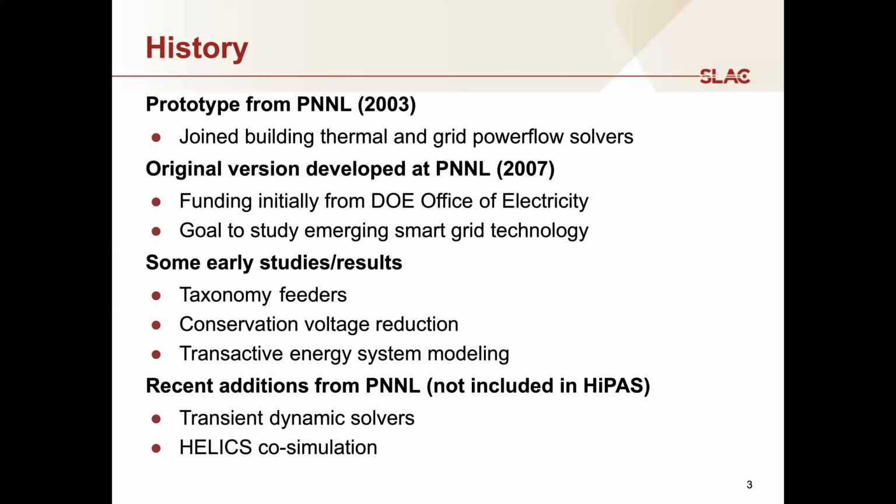And these feeders became a very important part of the work that was done subsequently, because they're used to extrapolate information that you would get from a single simulation or a single study in a particular location to the rest of the nation. And that was used in particular in an early study that examined conservation voltage reduction. And I'll talk about that a little bit more today as well.